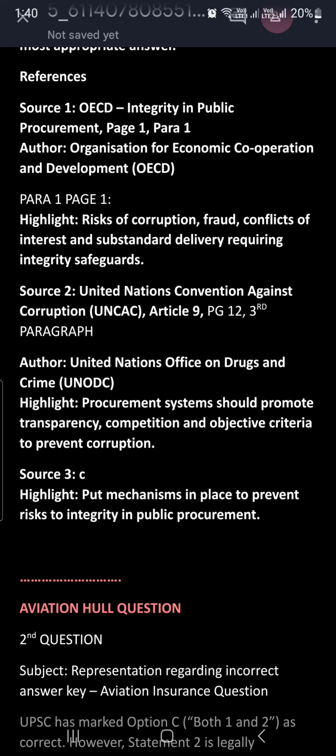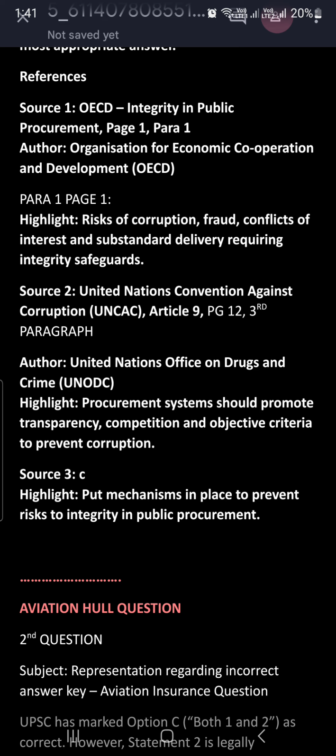Similarly, the United Nations Convention Against Corruption again says that procurement systems should promote transparency, competition and objective criteria to prevent corruption. So in these procurement systems, there should be transparency and objective criteria to prevent corruption. Again, there is another OECD document, the third source, which is also saying that there should be mechanisms in place to prevent even the risk to integrity in public procurement.